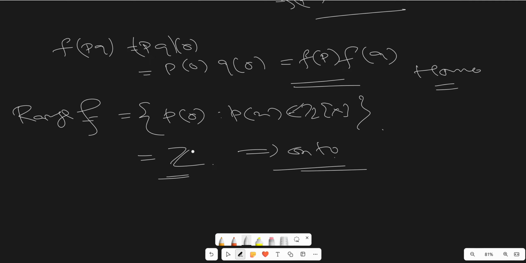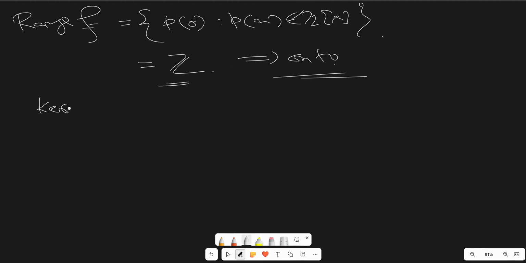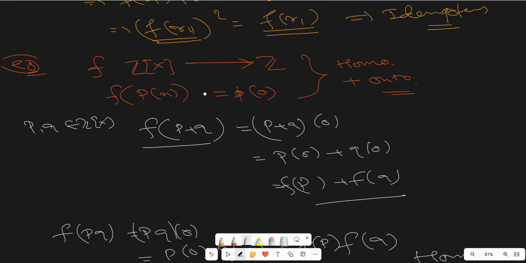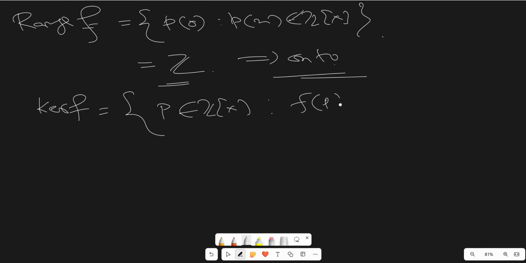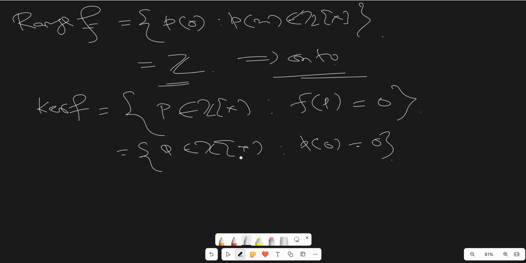For the first isomorphism theorem, what you need is the kernel of f. The kernel is all those polynomials in Z[x], with the map from Z[x] to Z, such that f of p is 0. That means all those polynomials p inside Z[x] such that p(0) is 0.